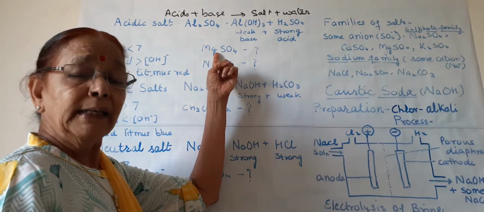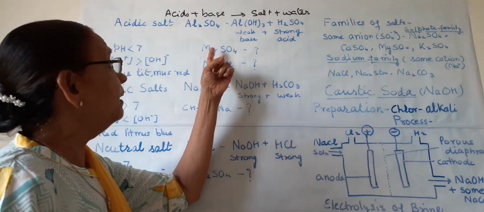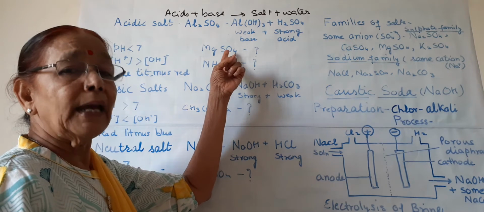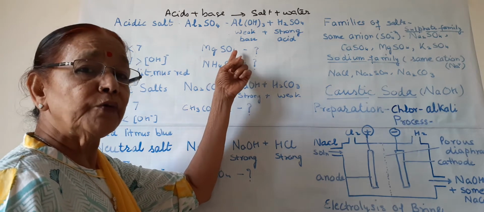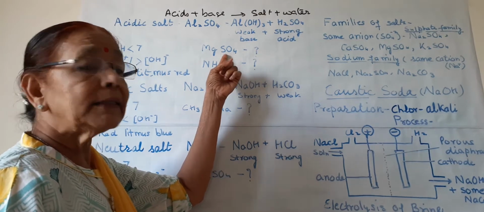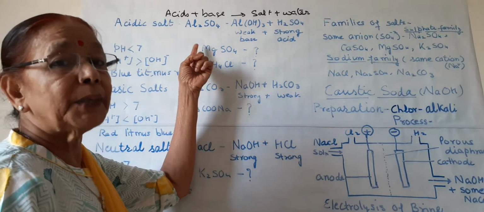Mg is a cation and this is a metallic cation. Mg is a metal. So in this salt the acid should be H2SO4, so the hydrogen ion from the acid is being replaced by this metal magnesium here.